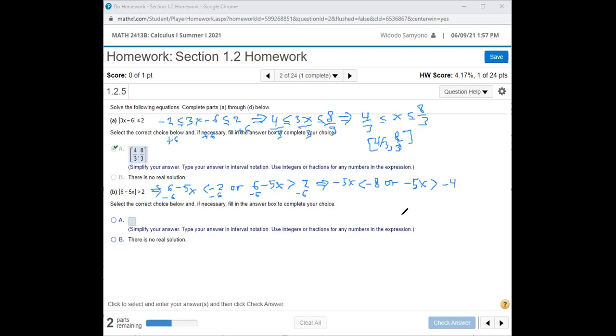Okay. So both sides you need to divide by negative 5. But remember, if you divide by a negative, you have to flip the sign. Okay. So you need to flip the sign for this one. So this becomes x, right?